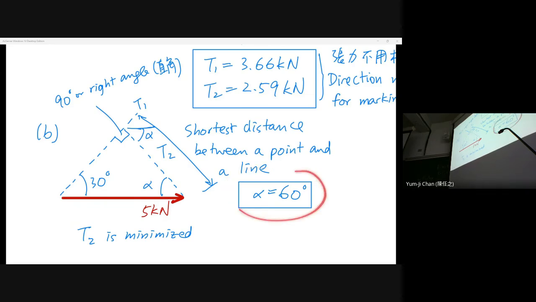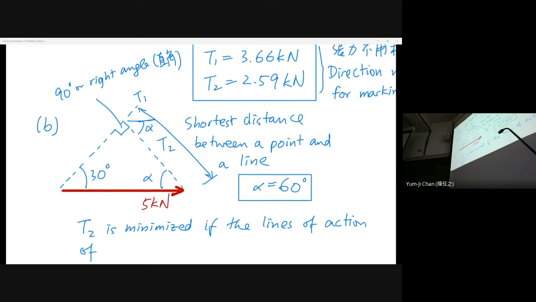Okay. T2 is minimized if the lines of action of T1 and T2 are perpendicular to each other.